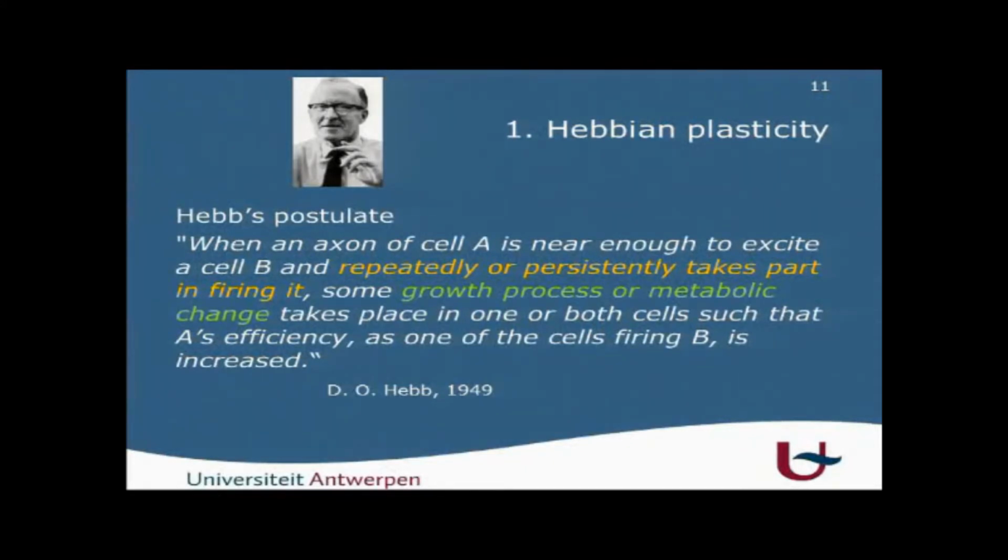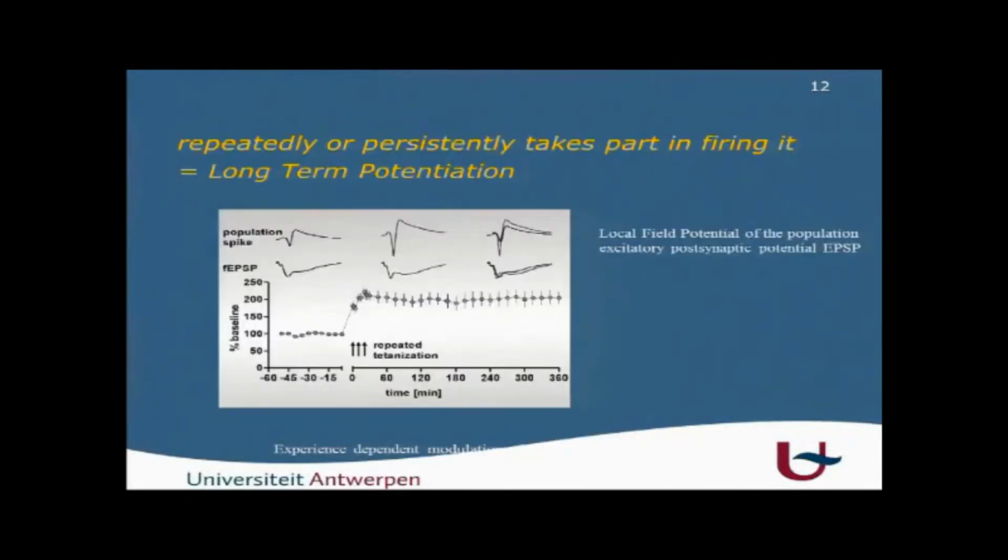This deals with plasticity. So when you have a repeated or persistent firing of neurons, we call this long-term potentiation, which is shown here.